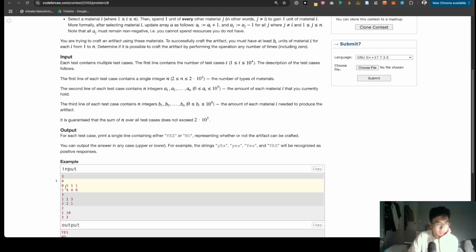So that's how much we have. We need to increment by 1, which means everything else needs to be decremented. Can you just try to increment and then decrement everything first?